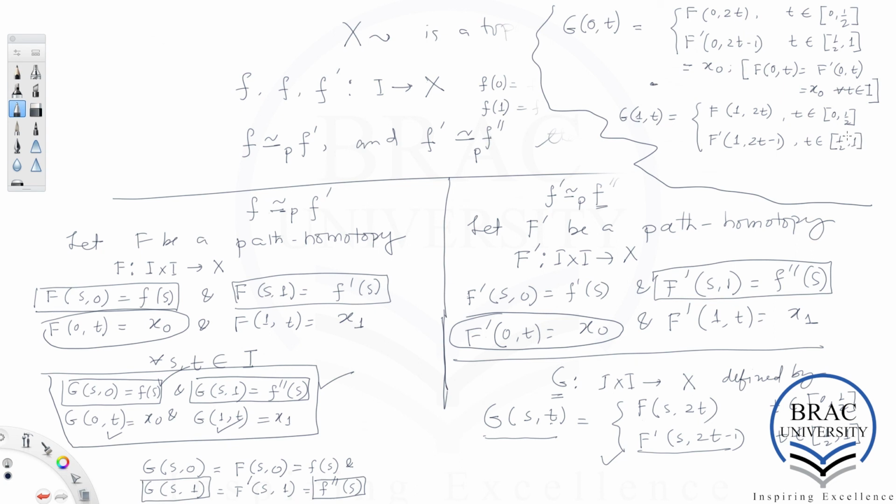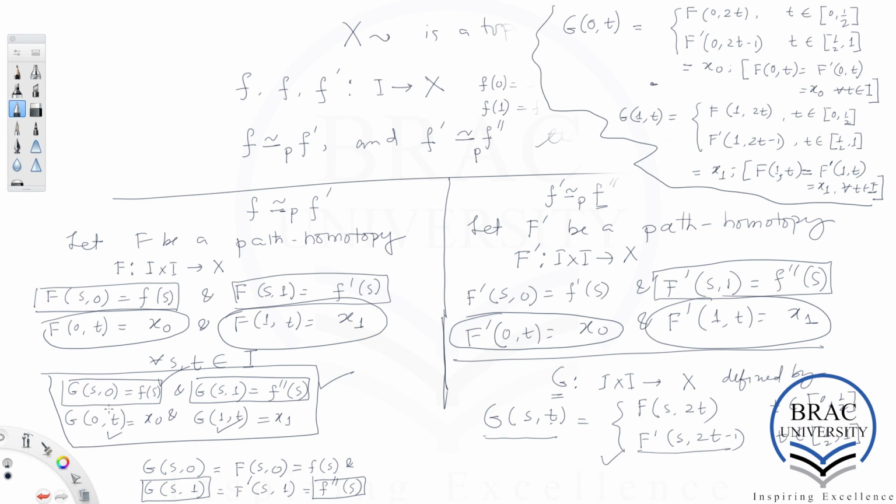Again we see that G of 1 comma t is simply equal to x1, since F of 1 comma t equals f prime of 1 comma t, which is equal to x1 for all t in I. Good.